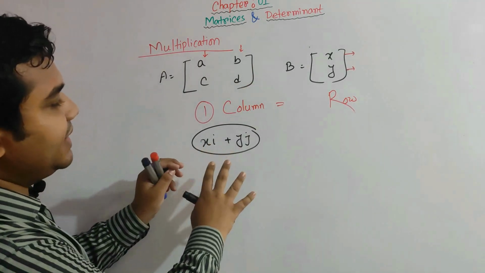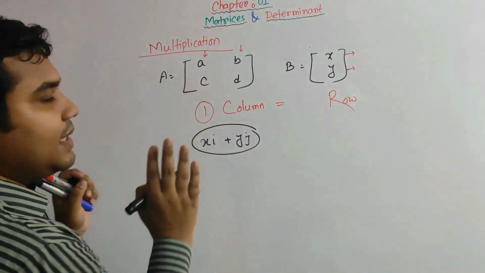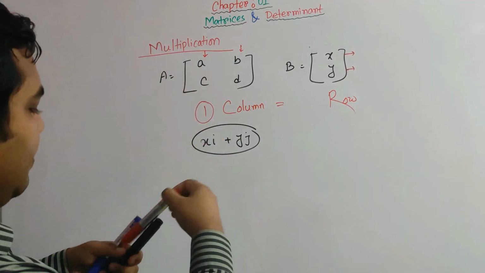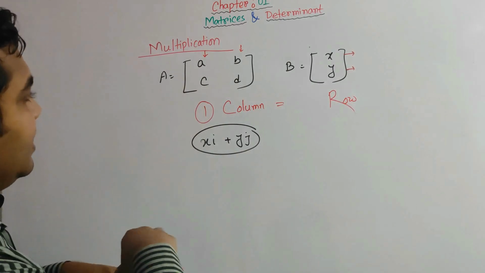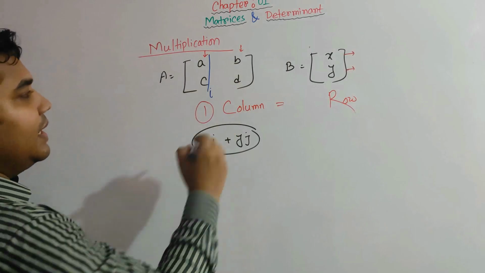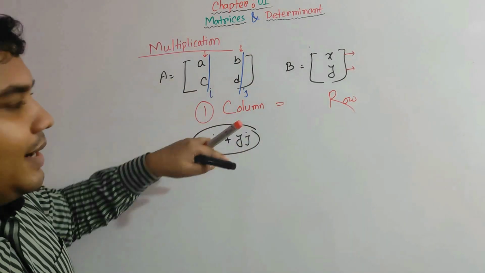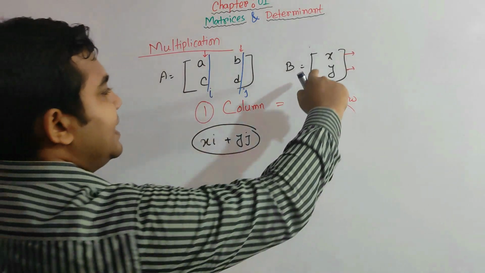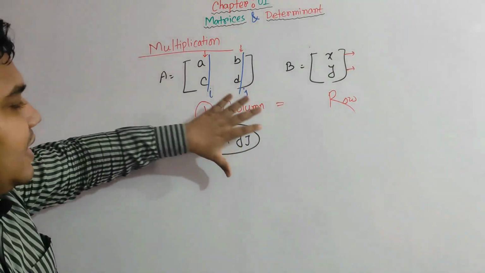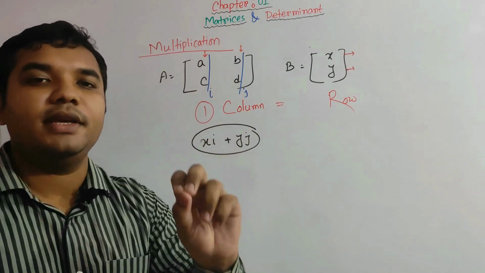But why am I writing it here? Look at the board. When we are going for the multiplication, this is the i column, and this is the z column, and this is x and y. So if we use this formula here, then we get the multiplication in a very easy way.